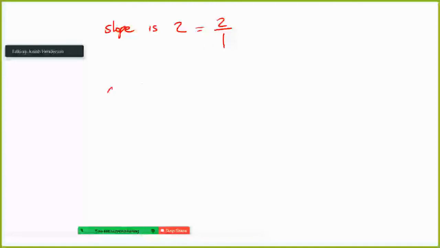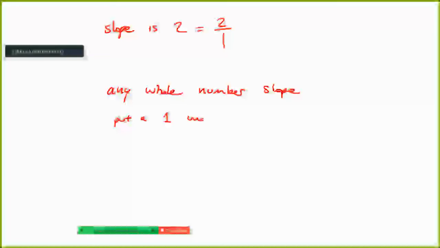So any whole number slope, let me write this out as one of our rules for today, like 2, put a 1 underneath it for its run. So if we're trying to graph it using its slope, we haven't done that yet, but if we're trying to graph it using its slope, we know that it's a 2 for rise and a 1 for run.